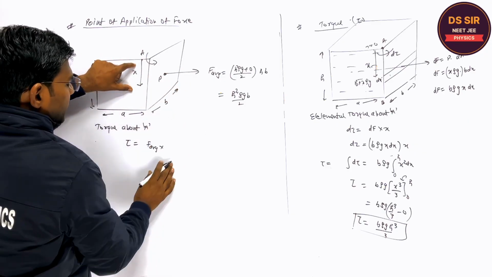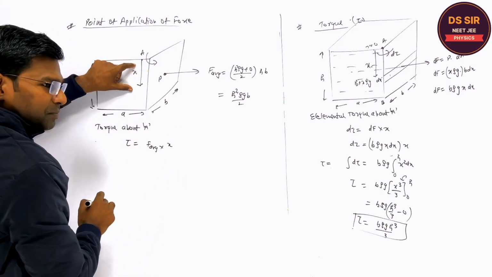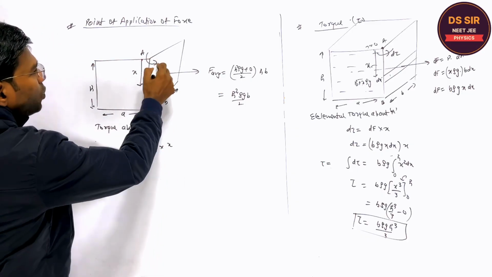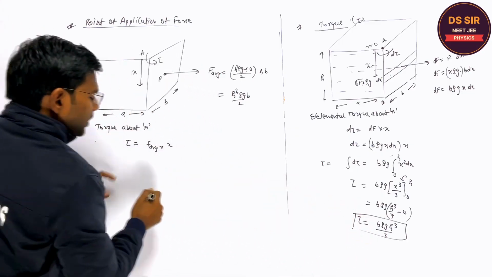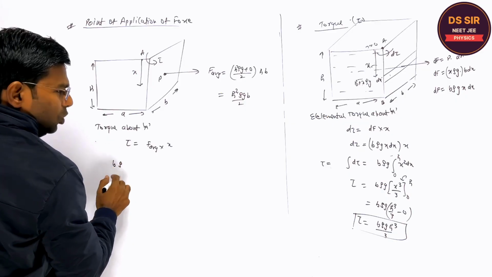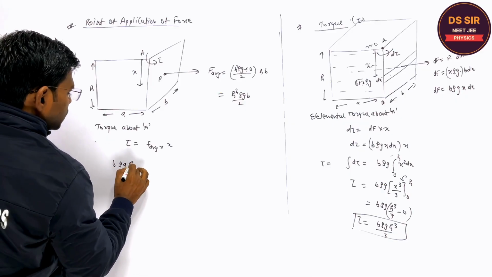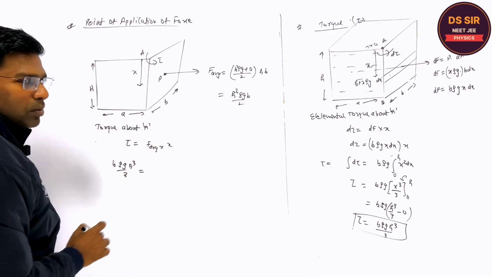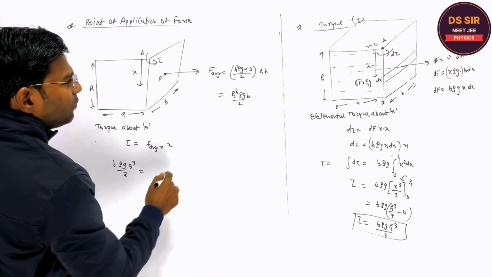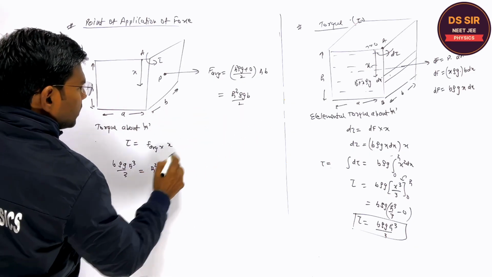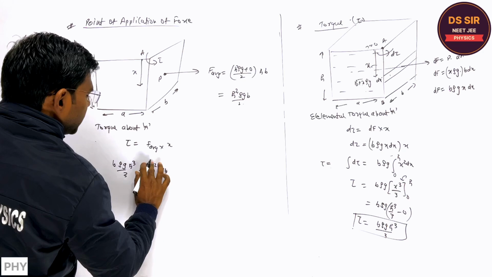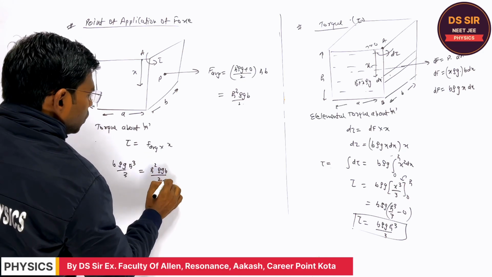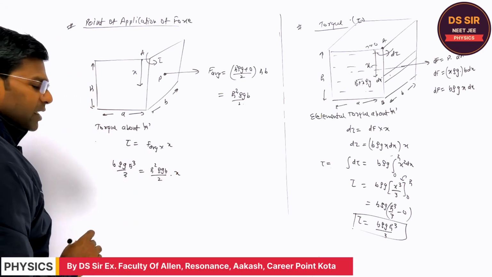This is the point of application, you can assume this is x. And the net torque you calculated by integration is b rho g h cube upon 3, which equals the net force, h square rho g b by 2, into x. Is it clear or not?